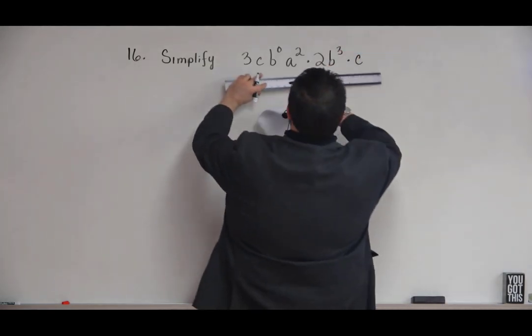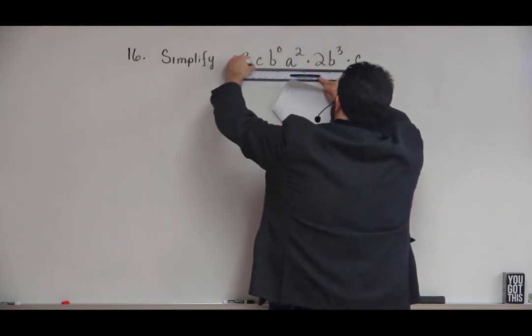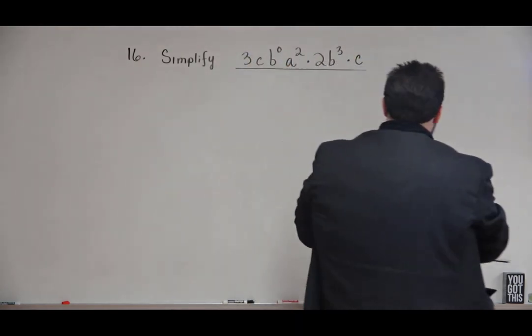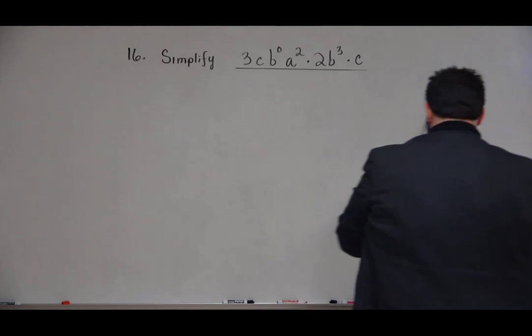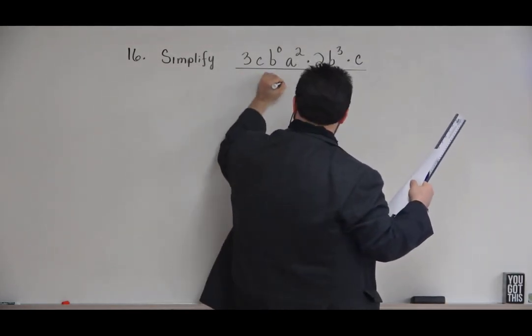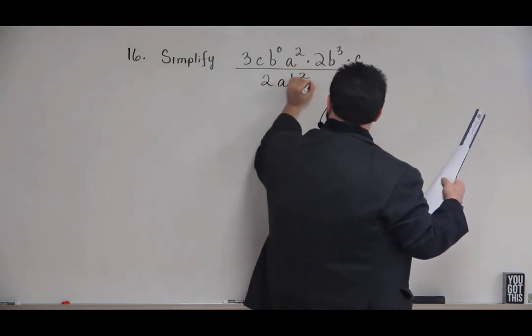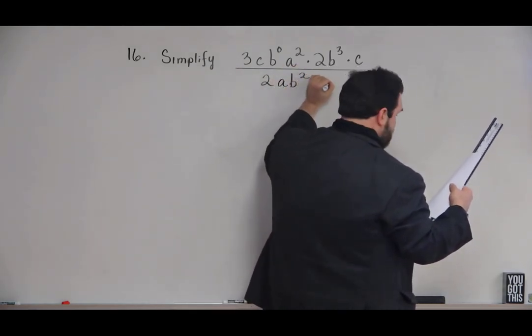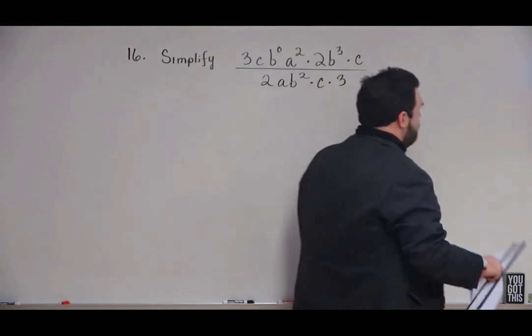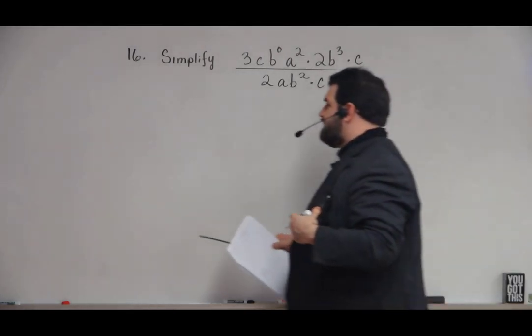Okay, we need that protractor or that ruler, straight edge, to draw a big fraction bar here. And then underneath that we have 2ab squared times c times 3.